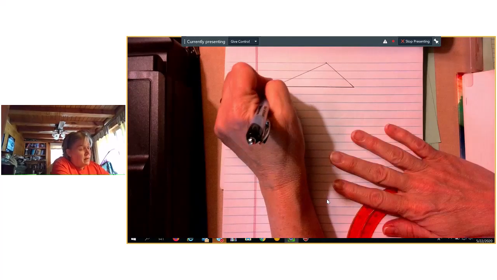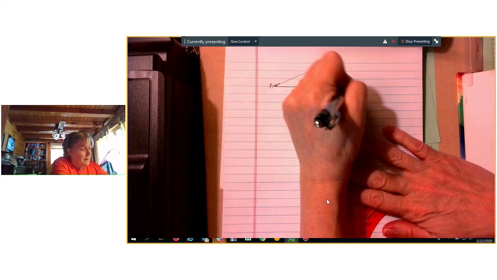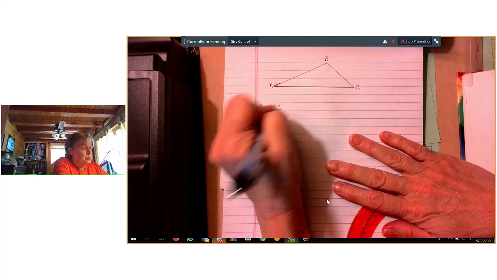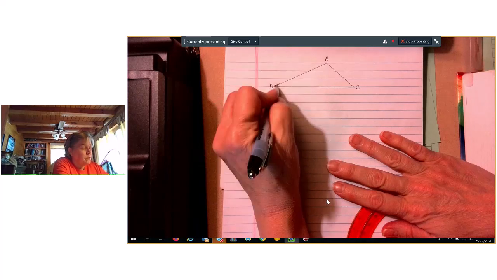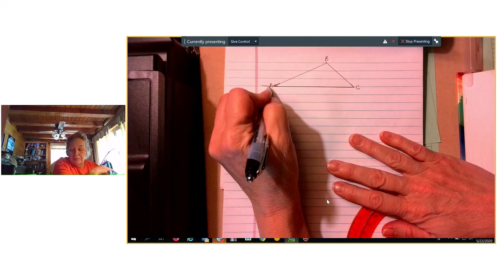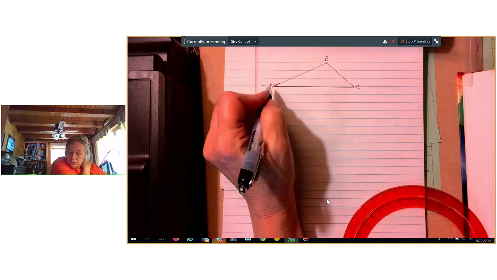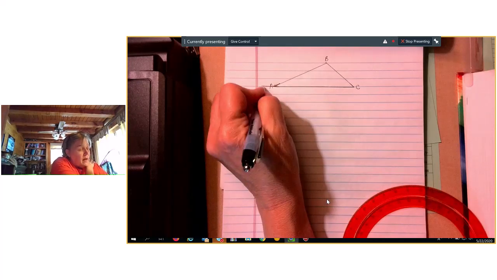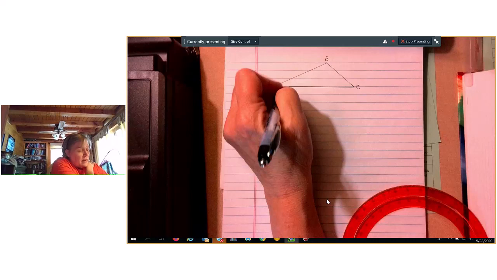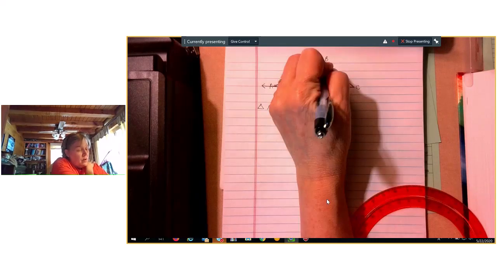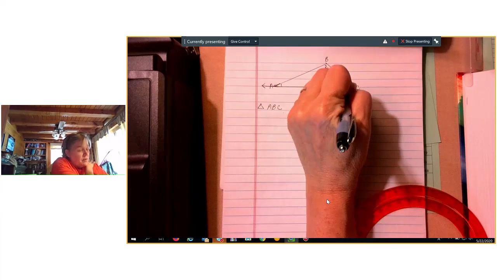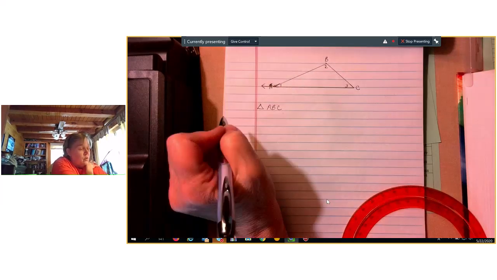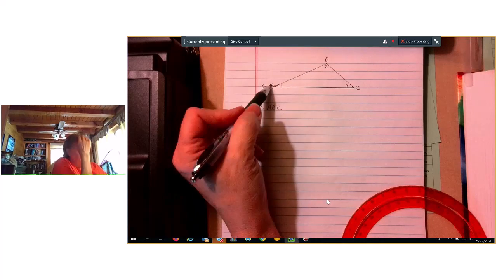So this is triangle A, B, and C. Now if I'm looking at this triangle, I can actually number these angles. If I number 1, 2, 3, I can also number this one here where my A is 4. So I have angle 1 and angle 4.